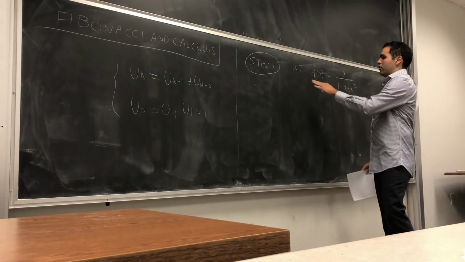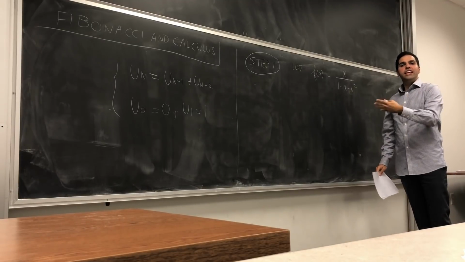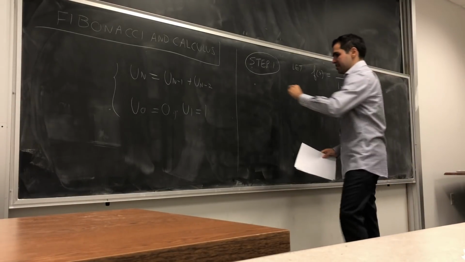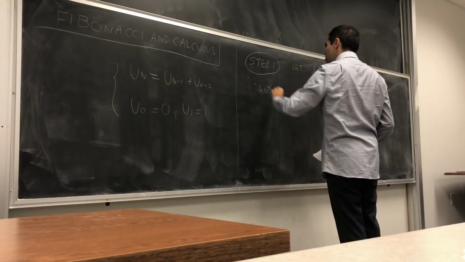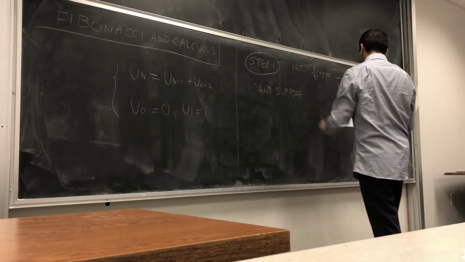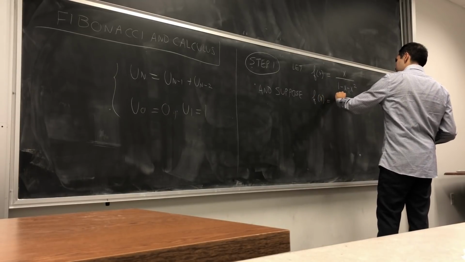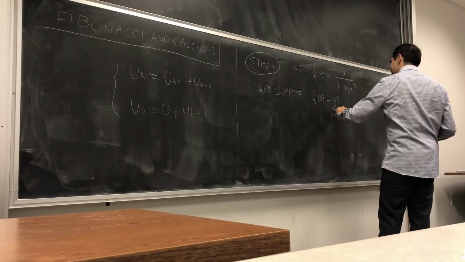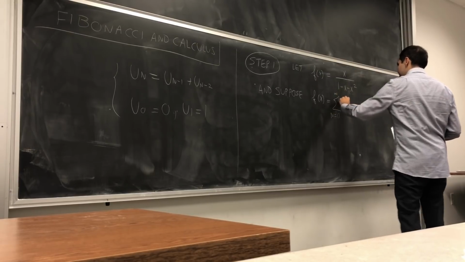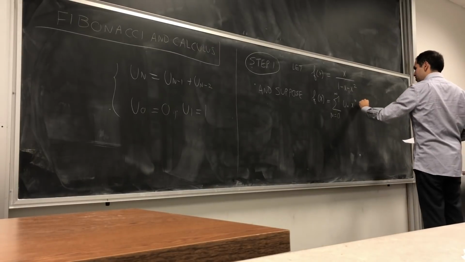Okay? So let f of x be this function, and suppose we can expand f as a power series. And in fact, we will do this later. Suppose you can write f in terms of the following: sum from 0 to infinity of u_n x^n, for some u_n.